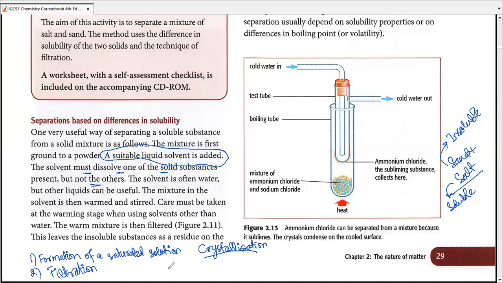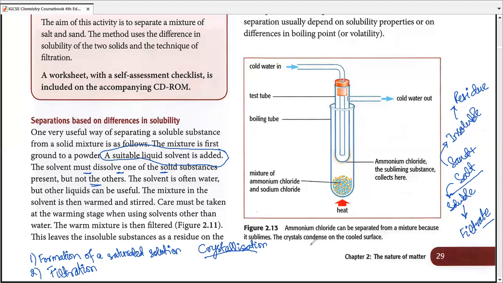Now you very well know that if sand is insoluble, it's going to stop on the filter paper, and if the salt is soluble, it's going to move along with the water all the way to the filtrate. So this insoluble material becomes the residue of the filter paper, and the soluble material becomes the filtrate of the filter paper. Clear enough?